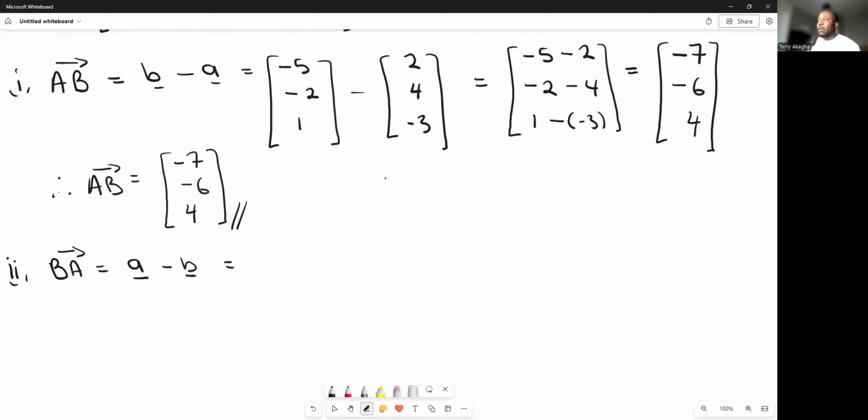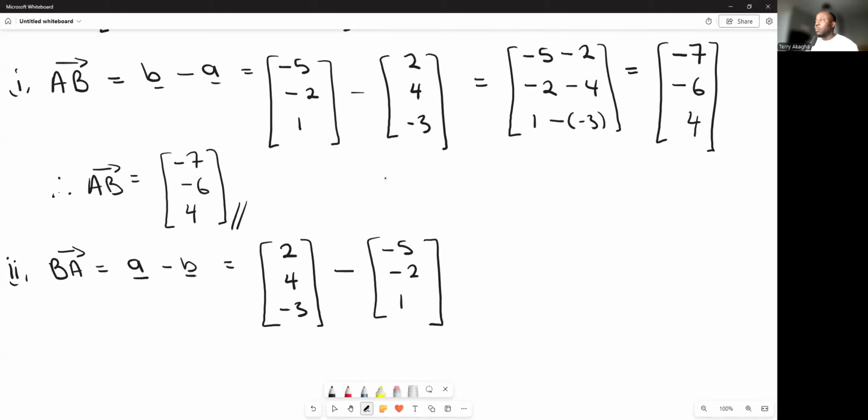So what is the A? The A is 2, 4, minus 3, minus the B, which is minus 5, minus 2, and 1. So you see, it's going to be the second one minus the first one.